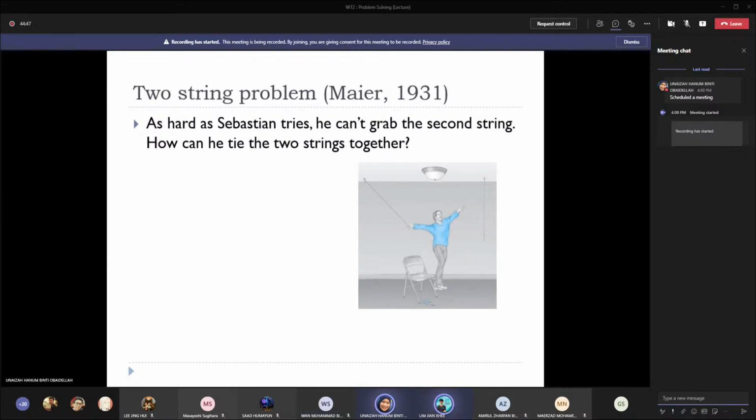I think one of the solutions can be he swings the first string and then rushes to the second string and grabs it, and then runs back to the center and grabs the first string while it swings back. What if when he swings the string, what if it doesn't go as far, or it doesn't come to him quick enough?